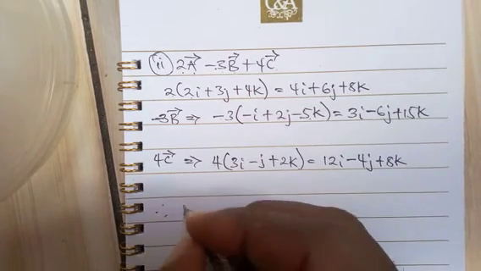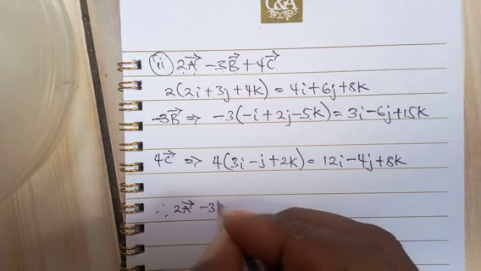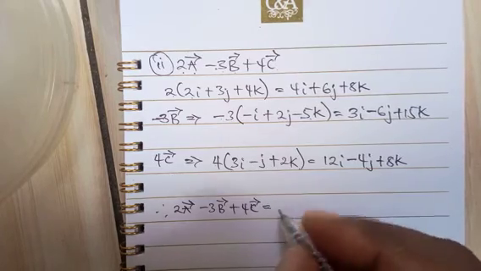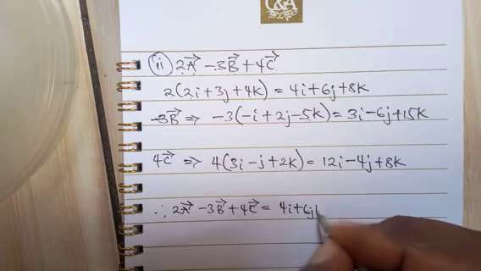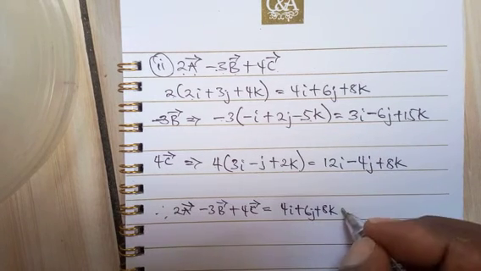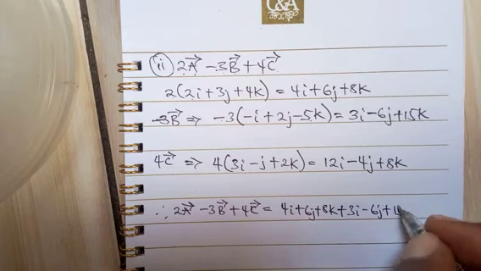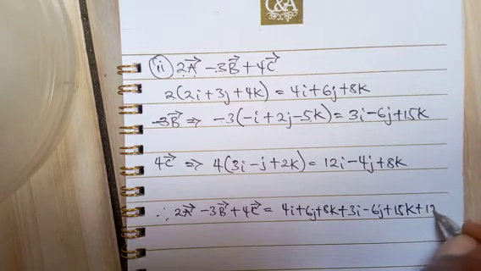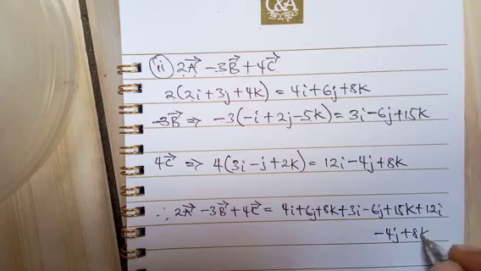Therefore, 2 vector A minus 3 vector B plus 4 vector C will be giving us 4i plus 6j plus 8k, minus 3B is plus 3i minus 6j plus 15k, then 4C is going to give us plus 12i minus 4j plus 8k.